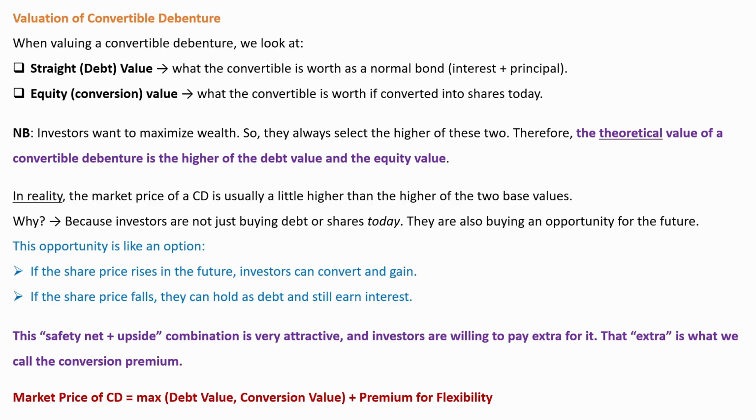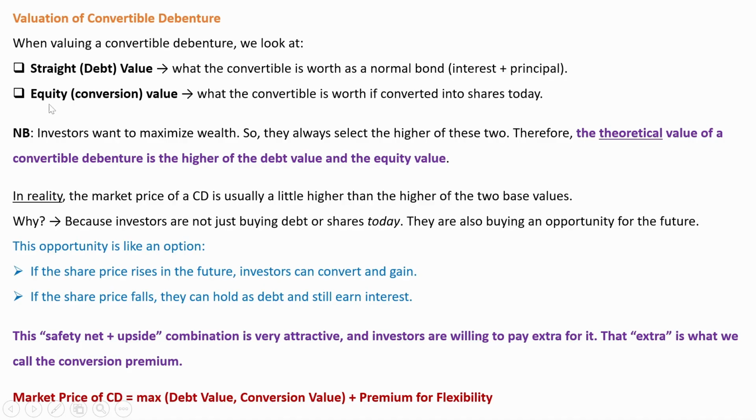Remember, we have said that convertible debentures have two sides. This one, the straight value, is the debt side, is the debt value. And for you to find it, you just take interest for all the years. You find the present value of the interest. You add to the present value of the principal once it matures. So calculate that one.